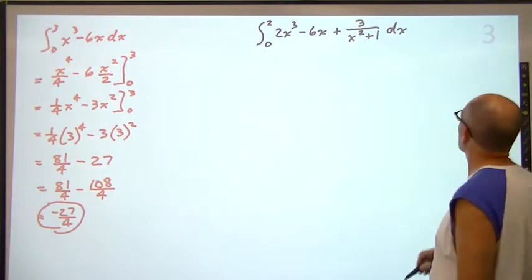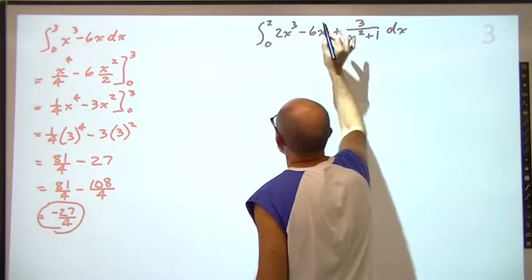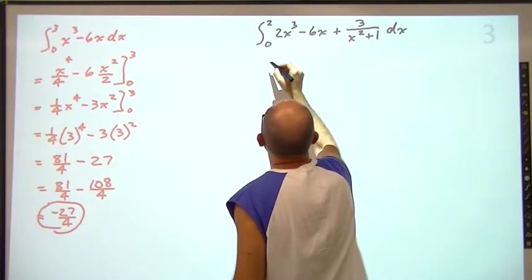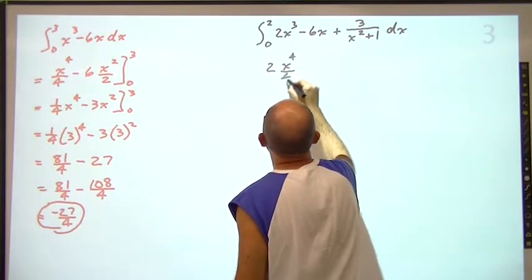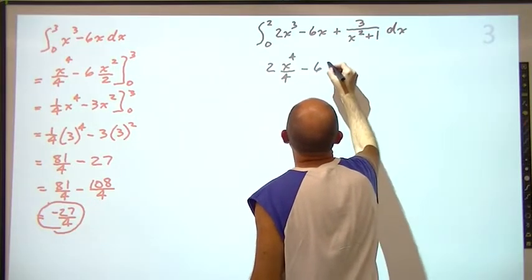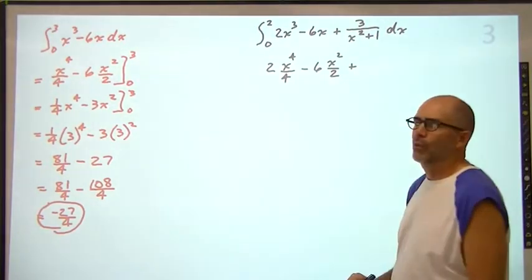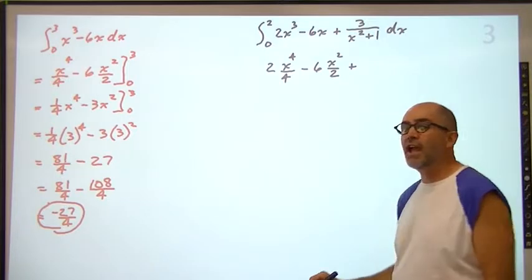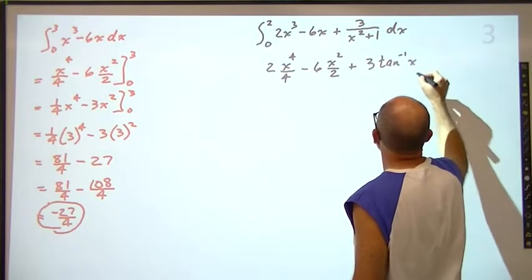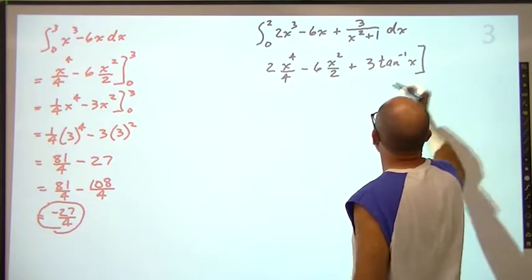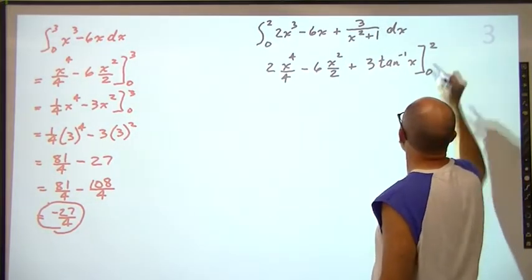Okay, cruising onward. Another definite integral here. So we integrate each part. So first thing, 2x cubed would be 2 times x to the fourth over 4 minus 6 times x squared over 2 plus, what do we do with that? Oh yeah, it's 3 inverse tangent x. Now, if this was an indefinite integral, I would put plus c at the end, but here I just go from 0 to 2.